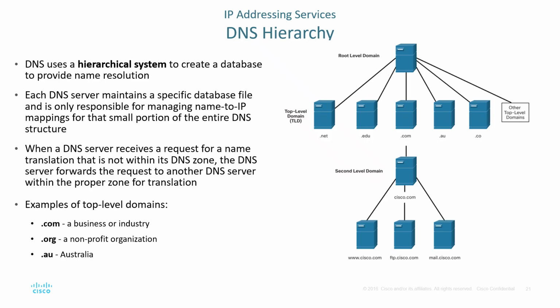So DNS again uses a hierarchical system to create a database to provide name resolution. If you don't know what hierarchical means, it means you have a top level and then you break it down from there. IP addressing, subnetting is also hierarchical, because when you think about it, and to put this into context, when you get an IP address, the all-inclusive network address is a .0 as an example.